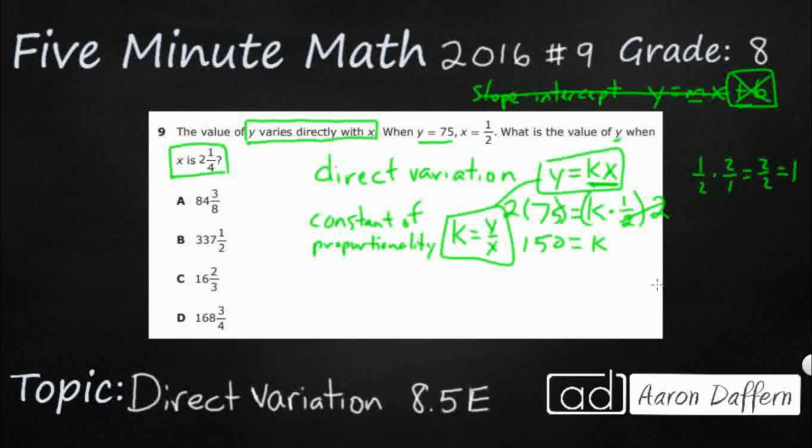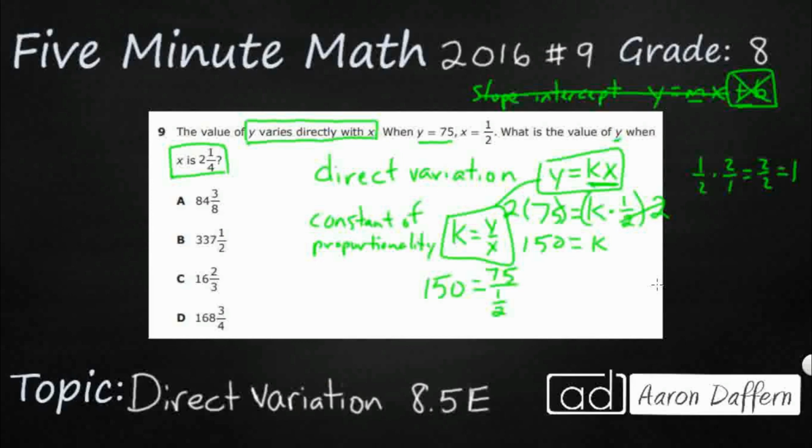All I did is divide both sides by x. So that's what we did: 150 equals, our y was 75. The reason we multiplied by 2 is because we divided by 1/2. And when you divide by a fraction, it's like multiplying by the inverse of that fraction. And so 2 over 1 is just 2. So once we have that, we're good.